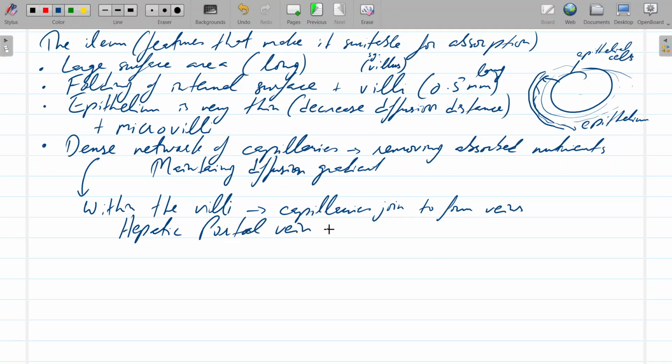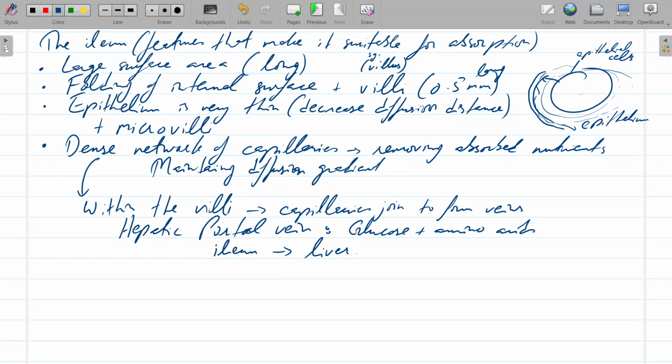This takes the absorbed glucose plus amino acids, so these two, not the fatty acid and glycerol, from the ileum to the liver. So this is sort of a direct connection between the small intestine and the liver.